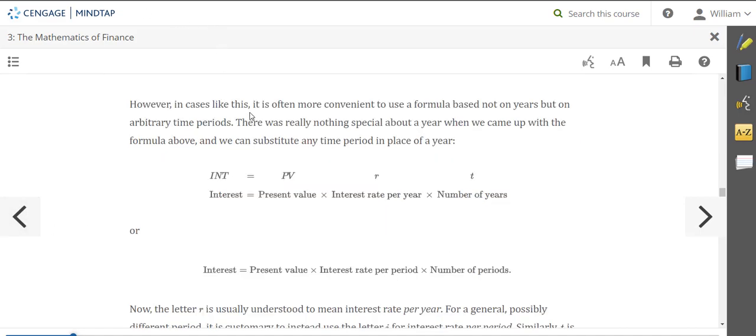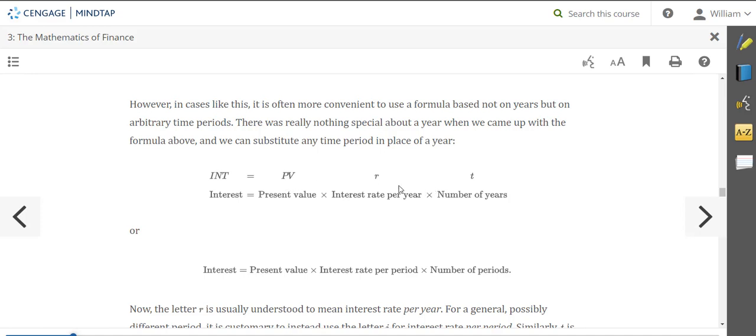They said you could also do this by, instead of working with an annual period, we might want to just talk about an arbitrary time period. So there was nothing special about a year when we came up with the formula above.